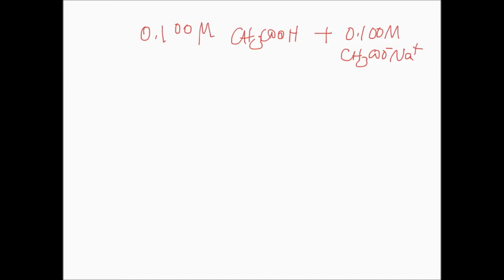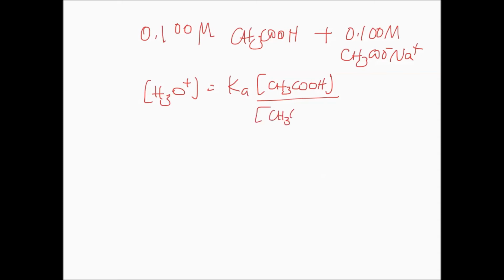then since you know that hydronium is going to be equal to Ka times acetic acid over acetate. And so both of these concentrations are 0.1.